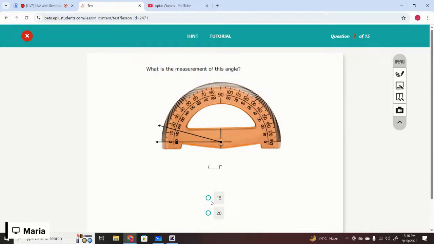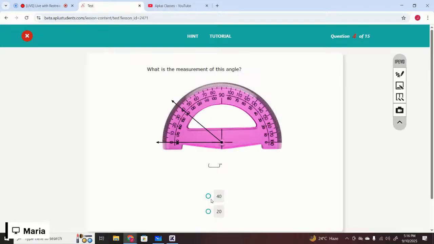The correct option is 15. Option number one is the correct option. What is the measurement of this angle?